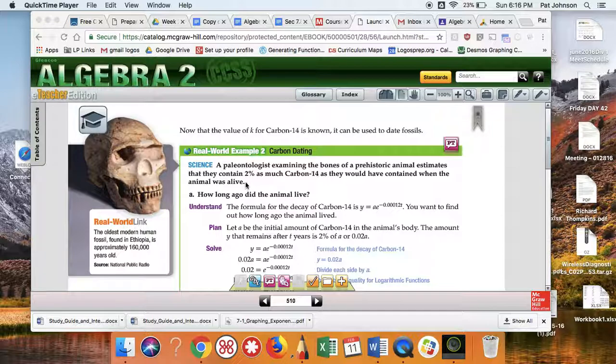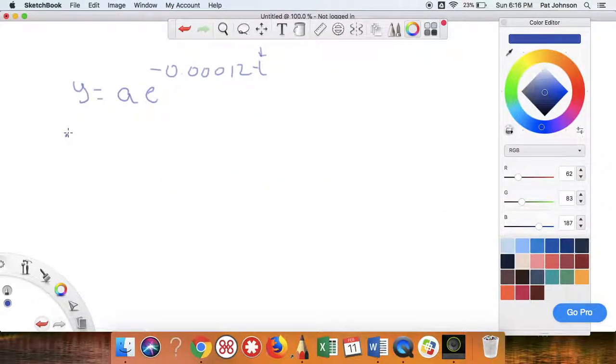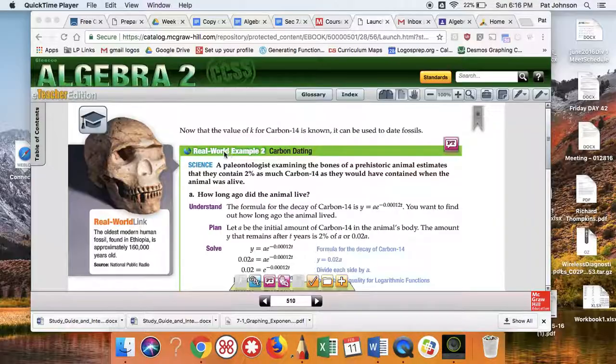So I can say 0.02, because that's what 2% is, of A equals A times e to the negative 0.00012 t. Divide by A and I get 0.02 equals e to the negative 0.00012 t.